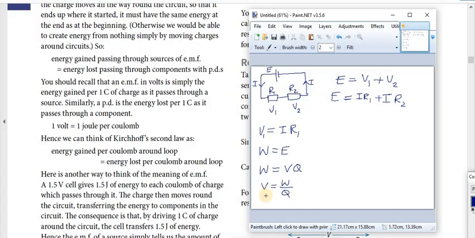Okay, so the unit of voltage is volts. Capital V, volts, is equal to the unit of work done, which is joule, divided by the unit of charge, which is coulomb. So volt is joule per coulomb. So we can say 1 volt is equal to 1 joule per coulomb.